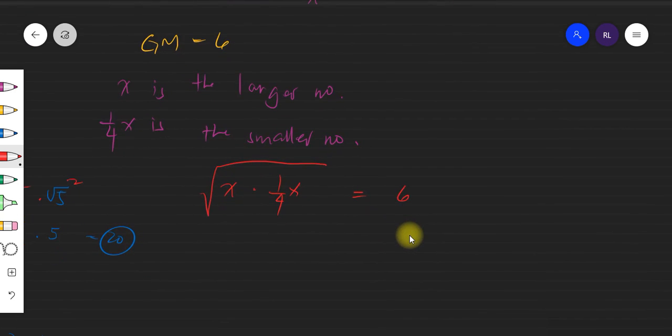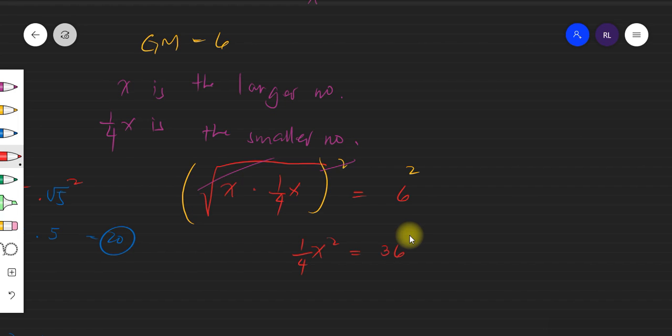Then remove the square root, and you are left with x times 1/4 x. That becomes 1/4 x times x, which is x squared over 4, equals 6 squared, which is 36.